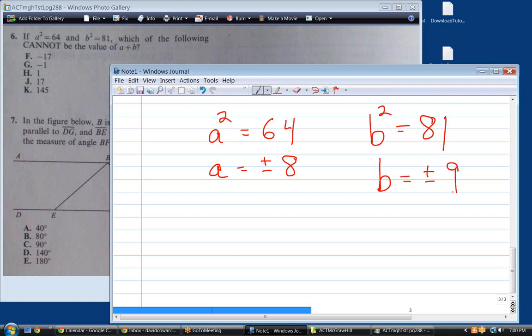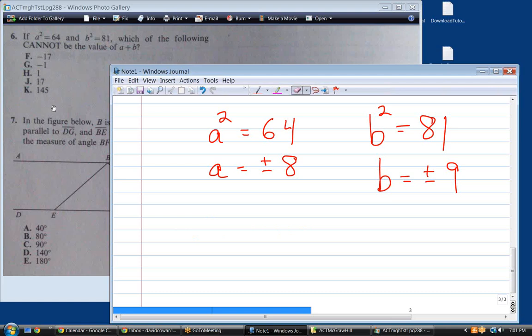Now you've got lots of combinations as to what A plus B could be. Because A plus B might be minus 8 plus 9. Okay, so wouldn't the answer be K? Yeah, very good. Because obviously you can't add them to get 145.